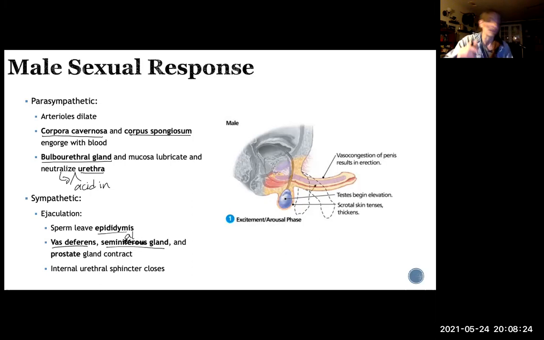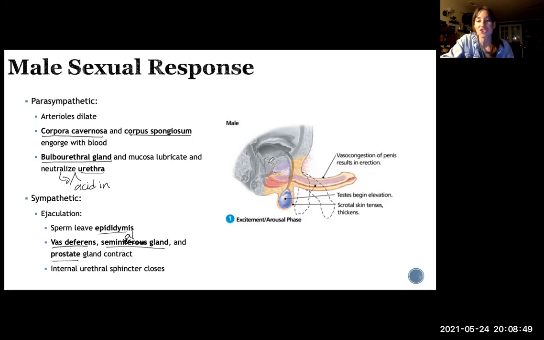I don't want you to be confused between the seminiferous tubules of the testis and the seminal gland that contributes to the semen. Once we pass that junction, the vas deferens becomes the ejaculatory duct. The prostate contributes its portion to semen.